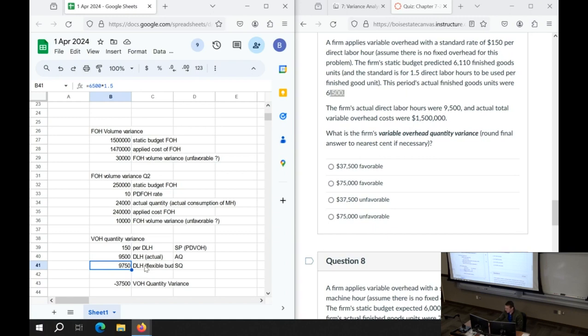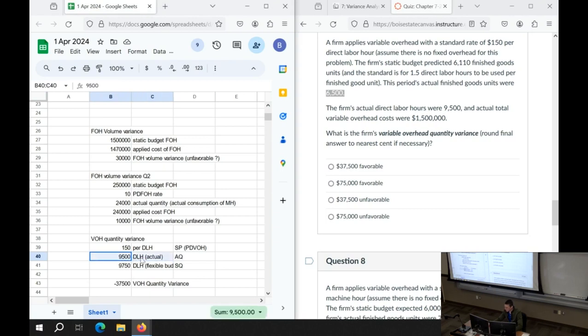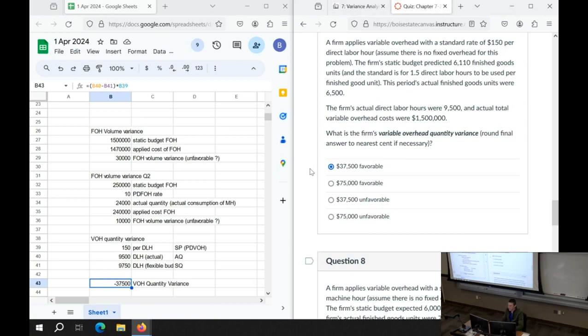The actual quantity of direct labor hours consumed to produce these 6,500 units, we actually only used 9,500 direct labor hours. We would have expected to use 9,750 direct labor hours. So yeah, we used fewer than expected. So a $37,500 favorable variable overhead variance.